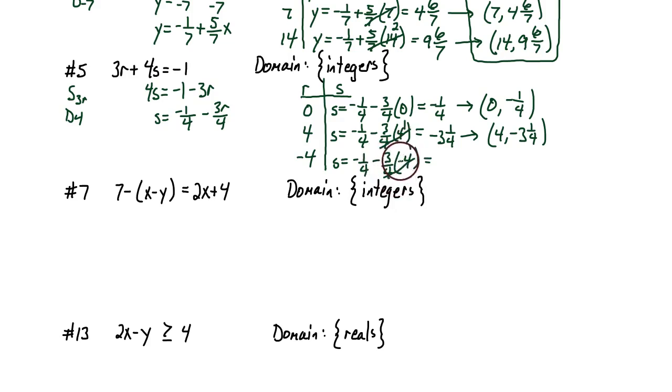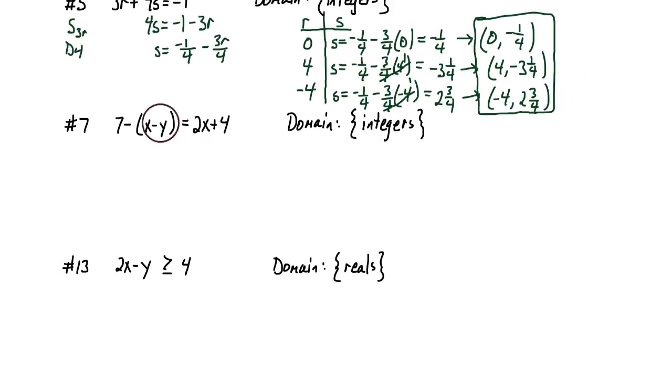Negative 3 times negative 1 makes positive 3. A negative 1/4 and a positive 3 is 2 3/4. So as an ordered pair, this is negative 4, comma, 2 3/4. Here are 3 roots to the original equation.